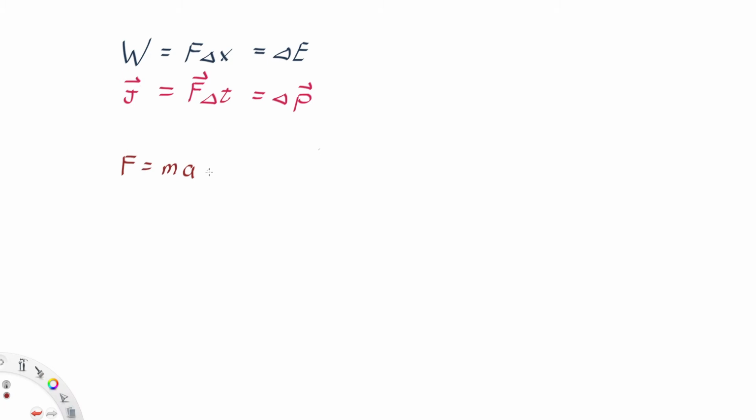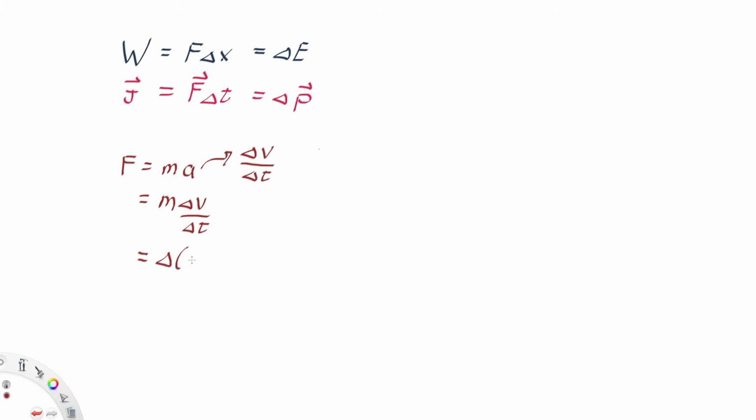So F equals ma. From our definition of acceleration, we know that acceleration is a change in velocity over time. So we can go ahead and put that in. And then we play a sneaky game. Since mass is constant, we can bring that inside the little delta operator.